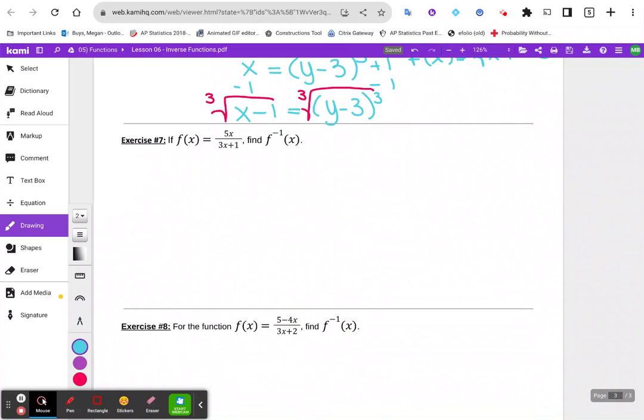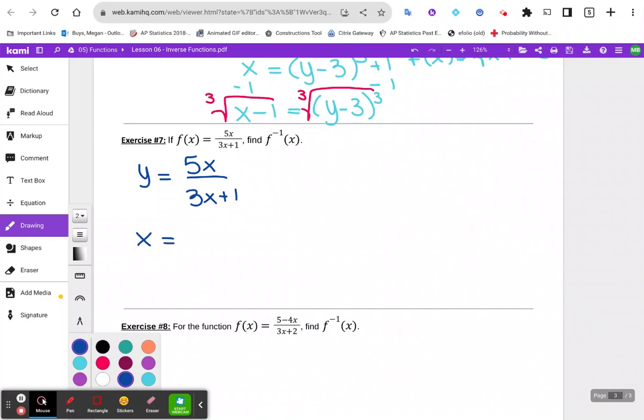Now, the big part of these questions here, remember, is they love to ask you questions. These two here are the kinds that they would ask you for a short answer on the Regents exam. So, in this case, we're looking at y equals 5x over 3x plus 1. So now we have multiple x's.